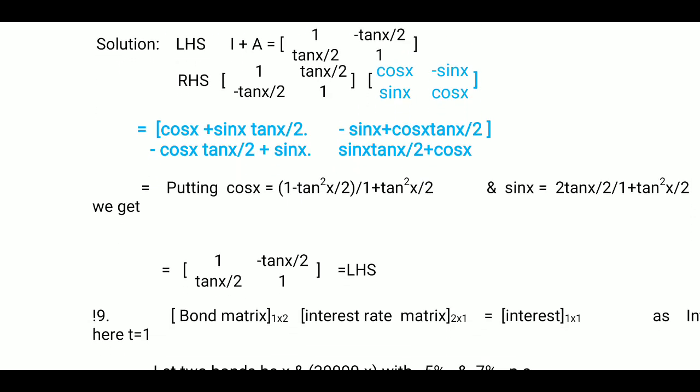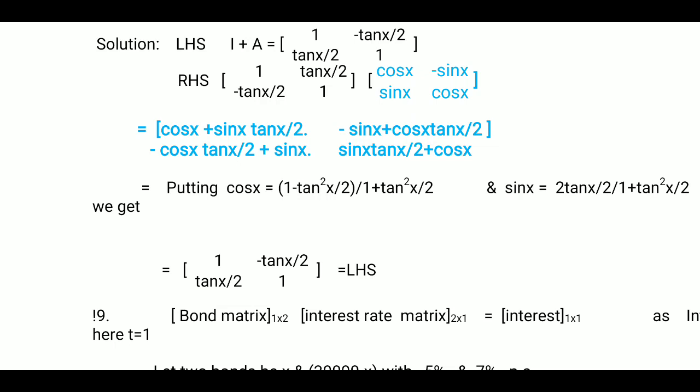Now we multiply by the rule row column operation. First row multiplies first column, we get first row first column element. First row multiplies with second column, we get first row second column element. Second row multiplies with first column, second row first column element.